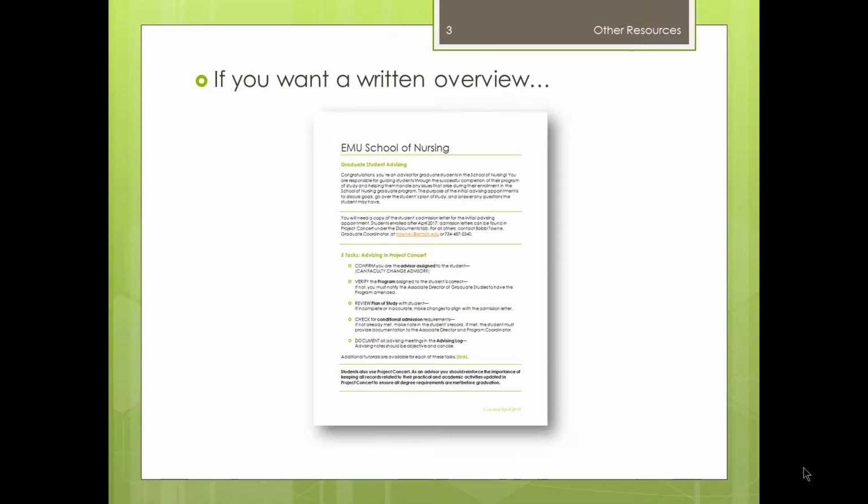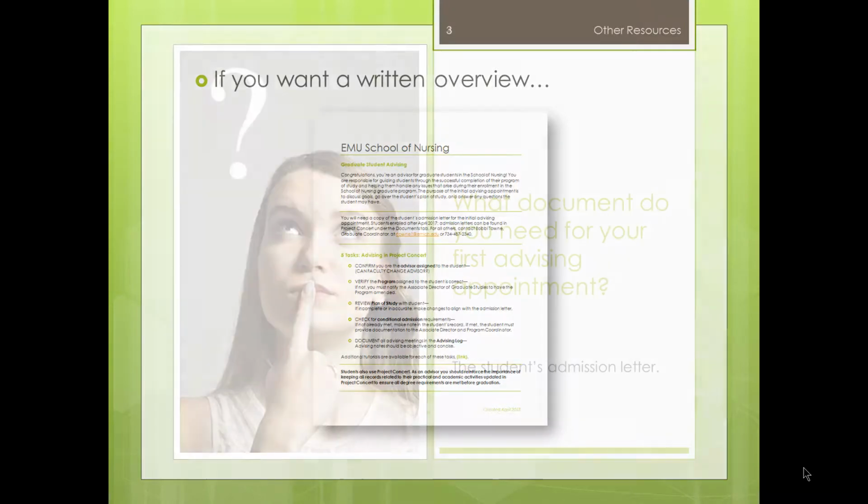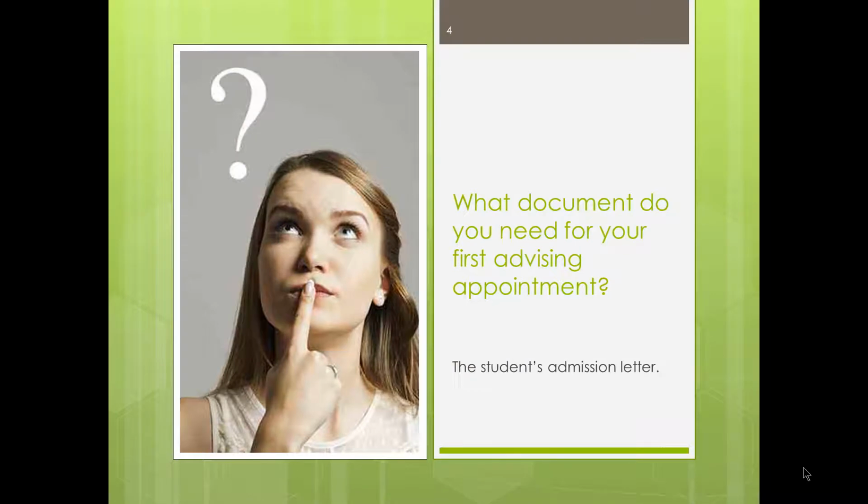A written version of this advising overview is also available. Links to these documents and other Project Concert tutorials will be accessible through the School of Nursing Canvas orientation shell. Contact the Associate Director of Graduate Studies or the Graduate Coordinator if you have any questions about these documents and tutorials. Let's move on. What do you need to get started advising?